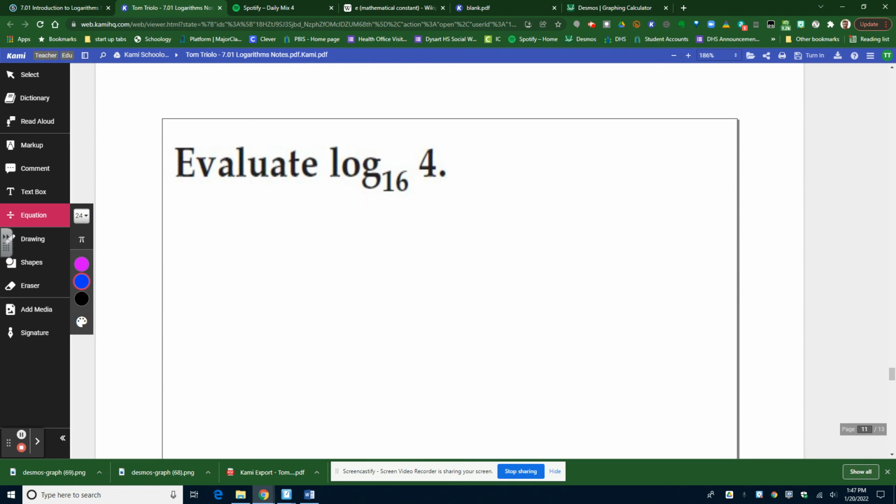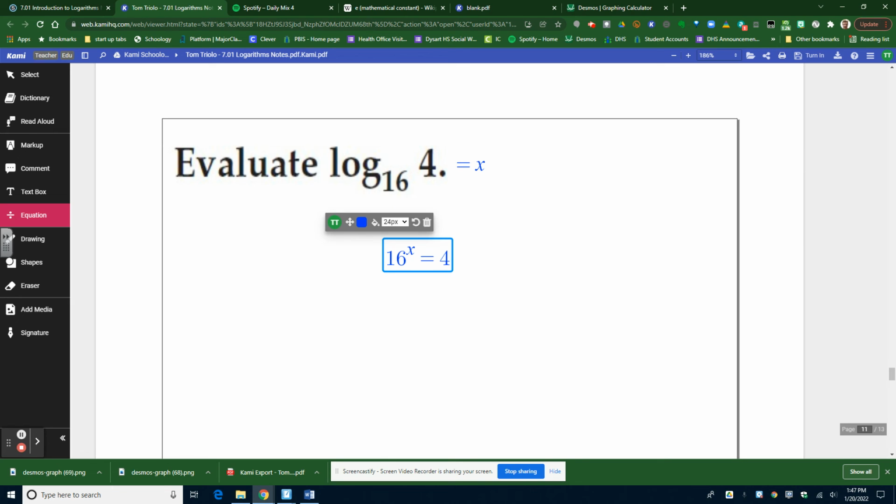All right. Evaluate. So this is really saying, okay, 16 to what power is 4? So I could make this into a little equation, 16 to the x equals 4. We've solved these before, so we need a common base.